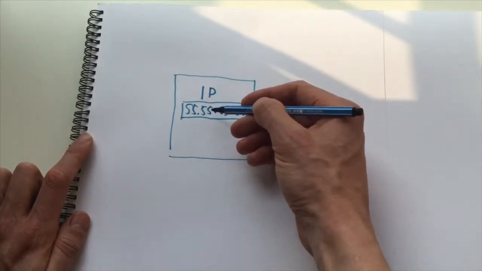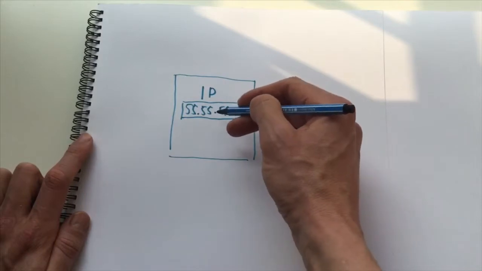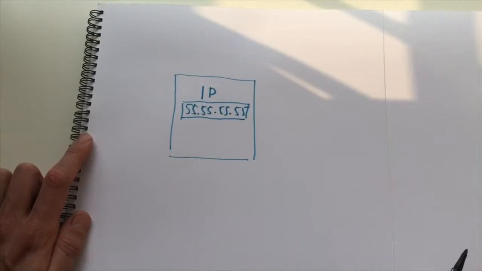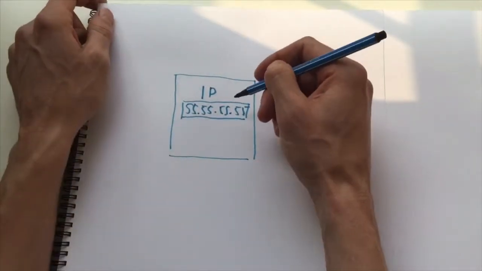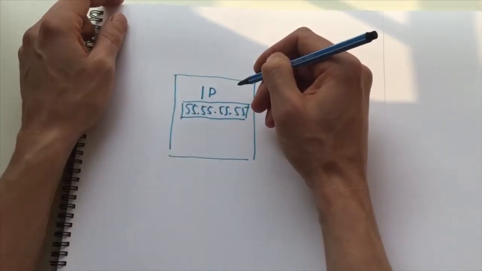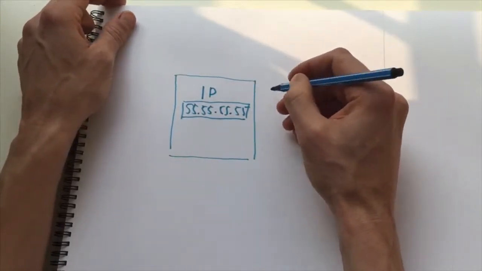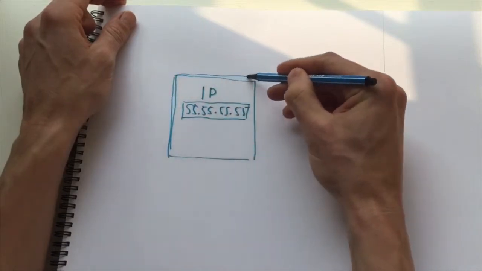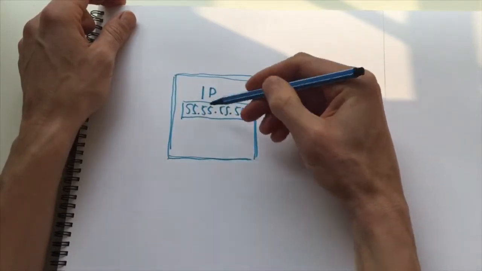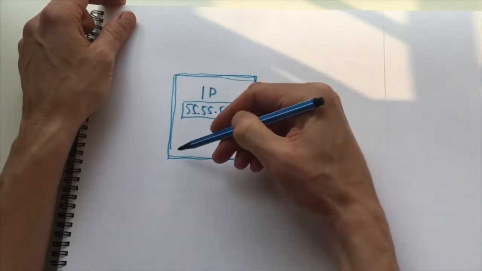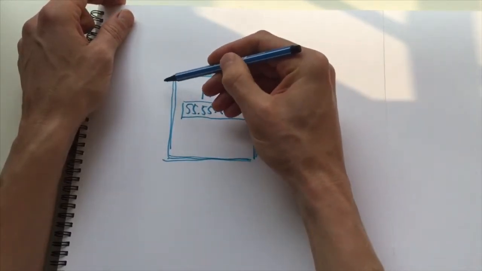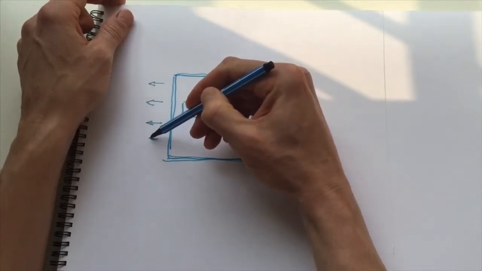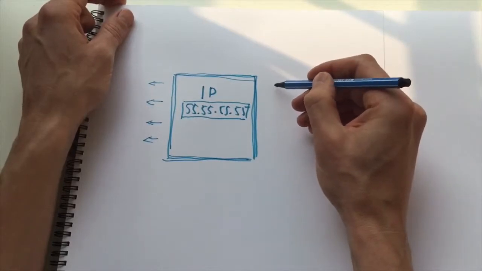Okay, this is the address of your factory, so everybody knows where your factory is according to this address. You need a lot of stuff for your factory because you produce stuff, you consume stuff, so you constantly send stuff out and you receive stuff here.